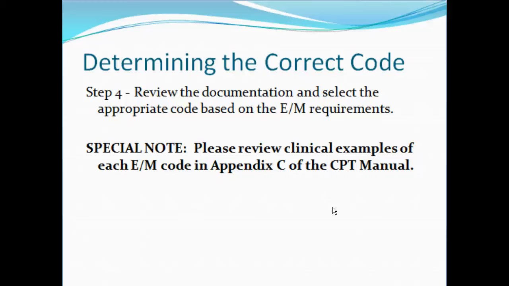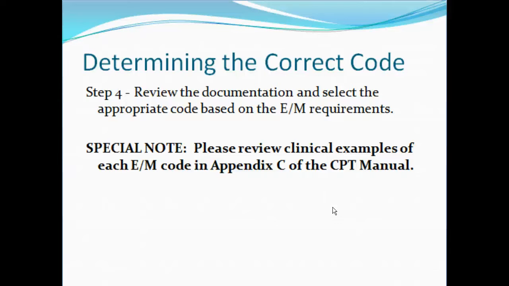Special note: there are clinical examples of E&M codes in Appendix C of your CPT manual. I know that this material is new, but the clinical examples will help you familiarize yourself with the level of service based on signs, symptoms, or definitive diagnoses and the management of those problems.